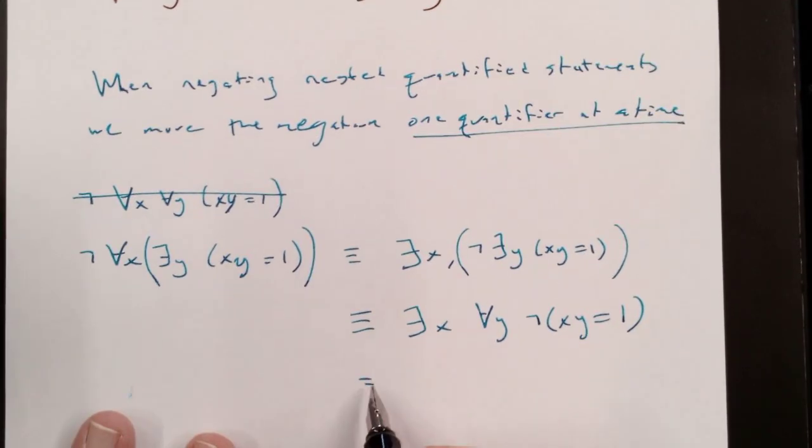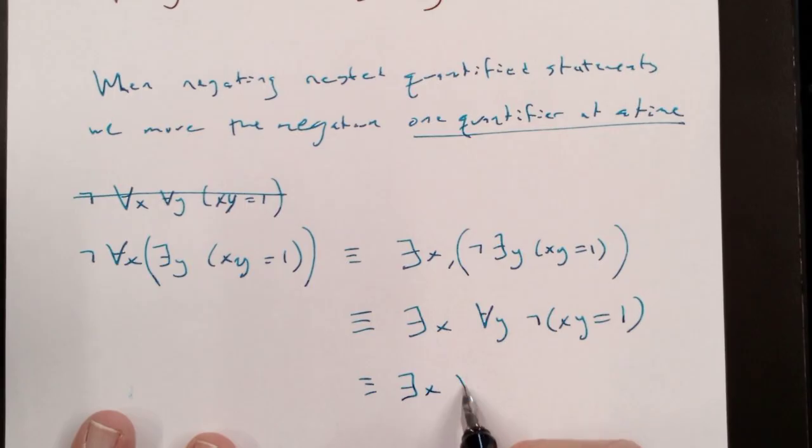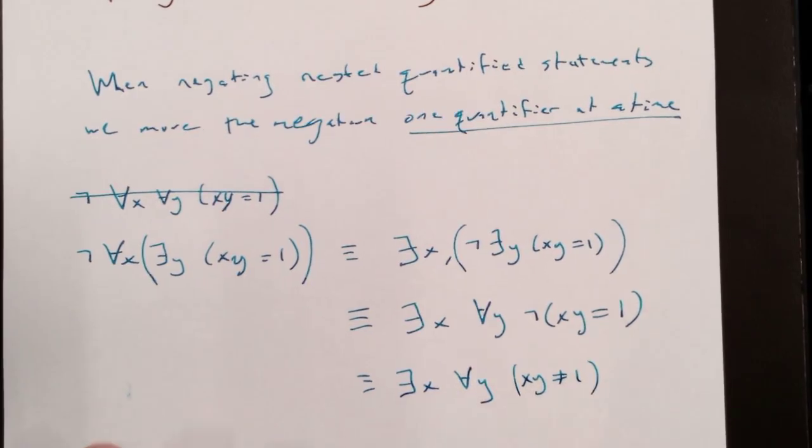I like the fact that in math I have a symbol that says the same thing, but you could leave that negation on the xy equals 1 setup, but this is equivalent. There is at least one value of x, so that no matter what you multiply by, you never get 1. The number in question is 0. No matter what you multiply 0 by, you never get anything but 0. You're definitely not getting 1.